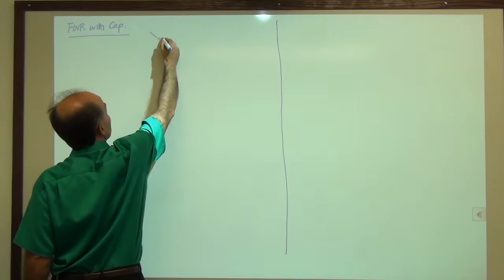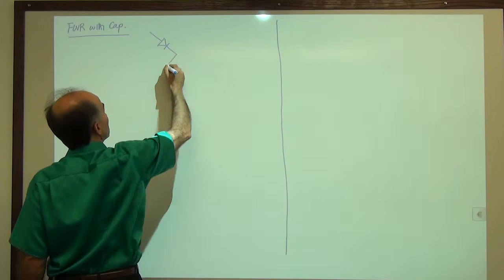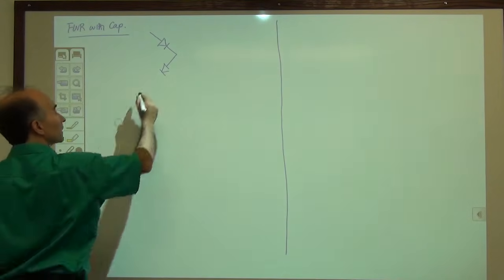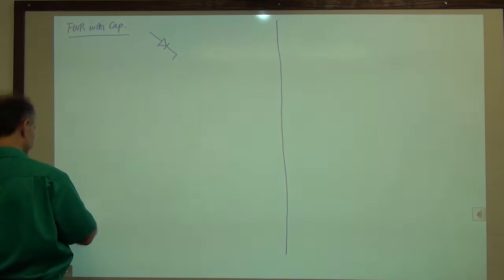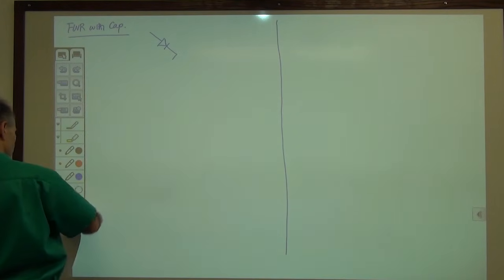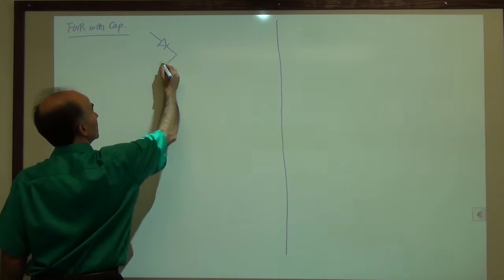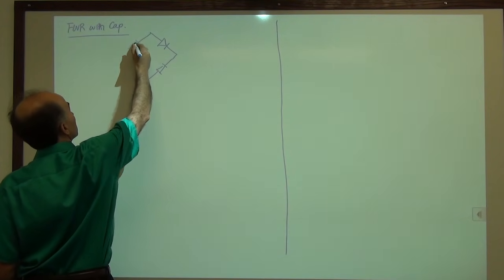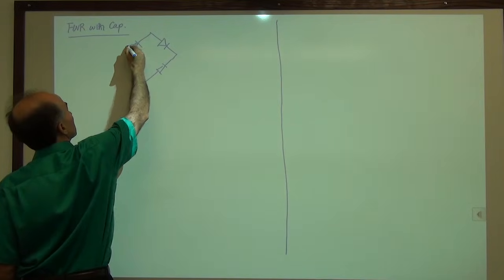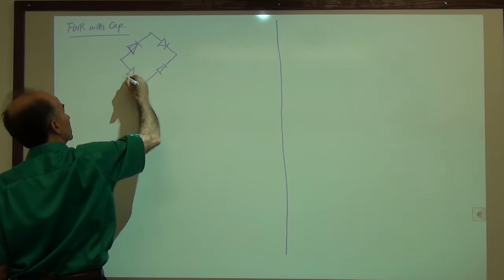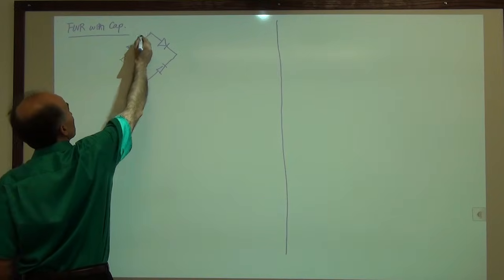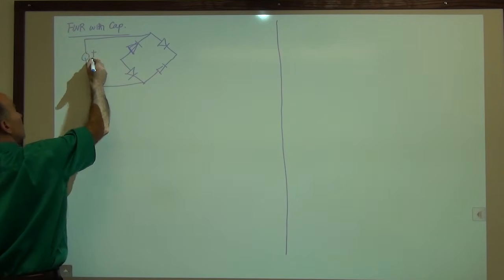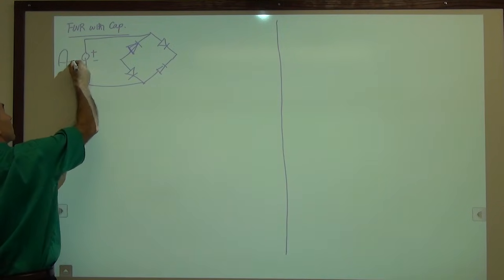We have a diode here, oh sorry, that should be pointing the other way. All right, so we have a diode here, then we have a diode here, and finally another one here. And then we connect a sinusoid to the input, like so.